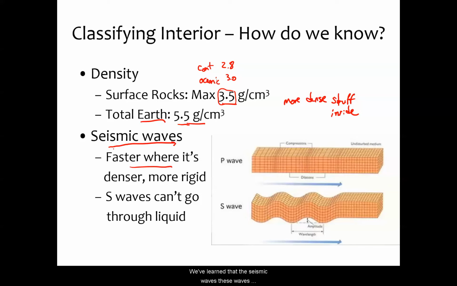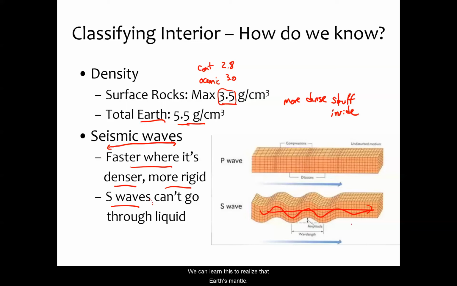We've learned that these seismic waves, these waves that move through Earth, P and S waves that we'll learn a lot more about later, move faster where it's dense and more rigid, and that a certain type of S wave, waves that look like a sine wave that go up and down, can't pass through liquid because the liquid doesn't have shear strength. So if we see S waves pass through stuff and we can detect them on the other side, that means that it must have passed through solid stuff.